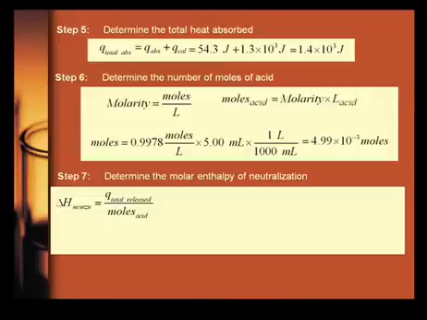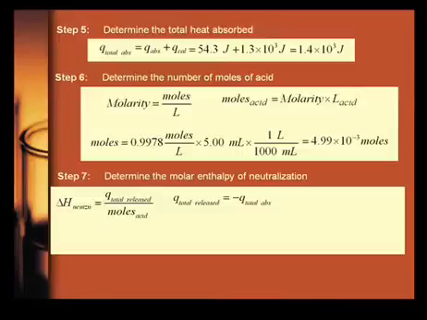And then step 7, determining the molar enthalpy of neutralization. Delta H neutralization is equal to the total heat absorbed divided by the moles of acid. And Q total released is just equal to the negative of Q total absorbed.